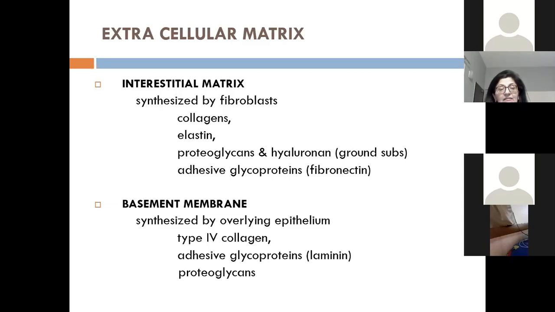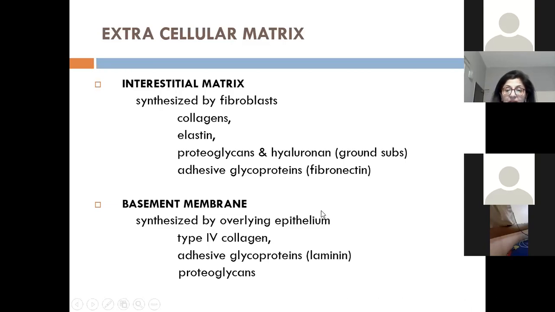The other part of the extracellular matrix is the basement membrane, which is synthesized by the overlying epithelium. This basement membrane consists of type 4 collagen. It also has adhesive glycoproteins, which are going to bind the collagen fibers together. And this adhesive glycoprotein is called laminin. Here it was called fibronectin in the interstitial matrix, and here it is called laminin.